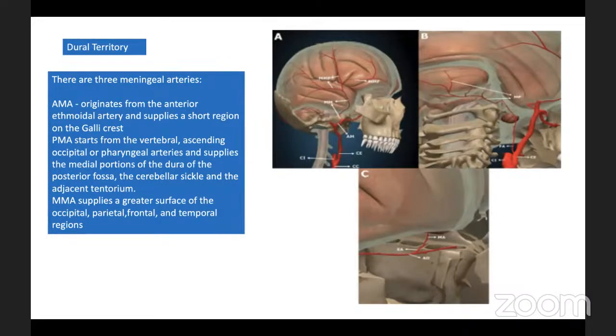The anterior meningeal artery originates from the anterior ethmoidal artery, and it supplies a very short region on the crista galli. The posterior meningeal artery comes from the vertebral artery and the pharyngeal arteries and supplies the medial portion of the dura of the posterior fossa. And the MMA is the main dural supply, which has a greater surface of occipital, parietal, frontal, as well as temporal regions, almost more than two-thirds of the supply.